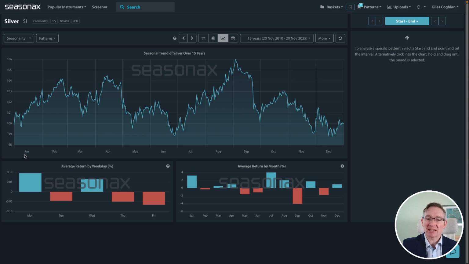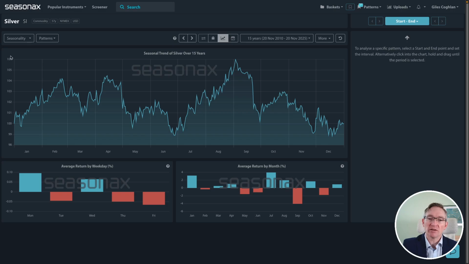Instead, Seasonax compresses the last 5, 10, in this case, last 15 years, whatever period you select, into a single average year. So what this timeline represents is the typical behavior of the market throughout the year over these last 15 years.